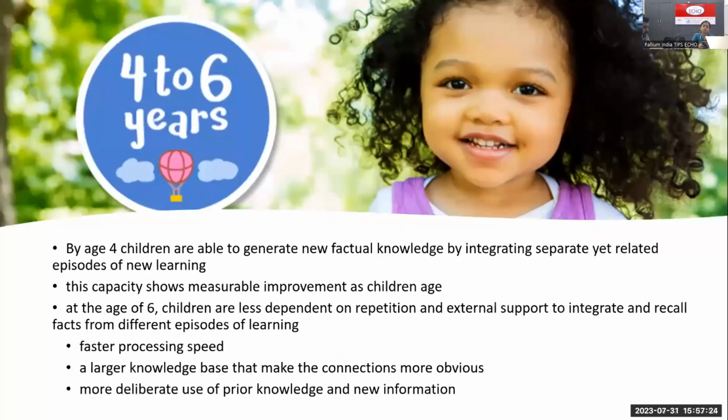So integration is not something which is a new thing or to be learned as a new technique. It is natural to us as thinking individuals, and it starts very early in childhood. Children as young as 4 to 6 years are known to add on new knowledge to what they have already been exposed to, right? So it is a naturally occurring process to build on pre-existing knowledge. And it starts as early as the age of 4. And by the age of 6, as the child gets used to this process, they become more and more independent.